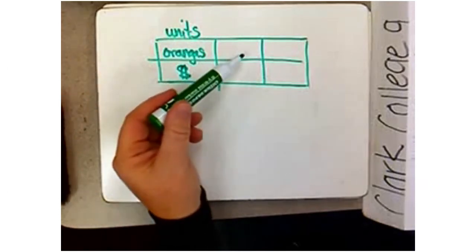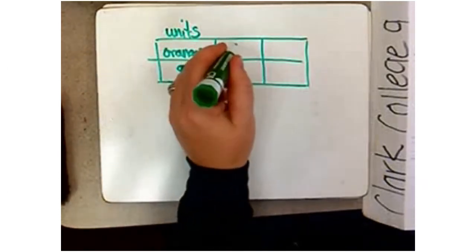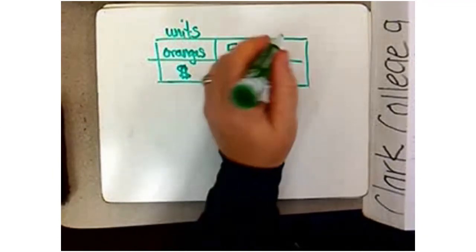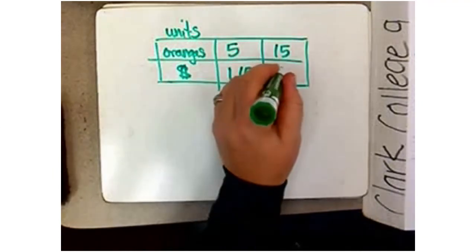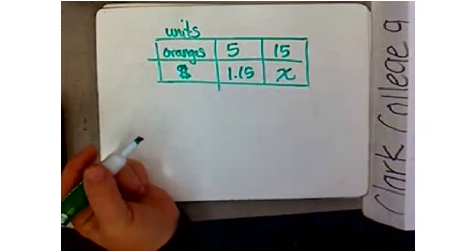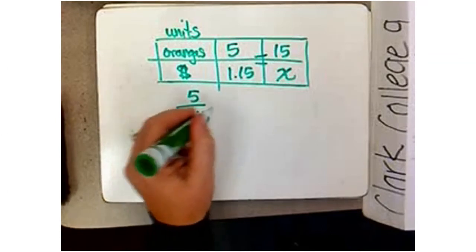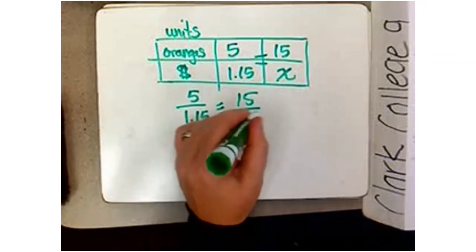And then in the second column you write in those values. We have 5 oranges to $1.15, and then we have 15 oranges, and we don't know how much that is, so that's our x value. So there's your proportion. 5 is to $1.15 as 15 is to x.